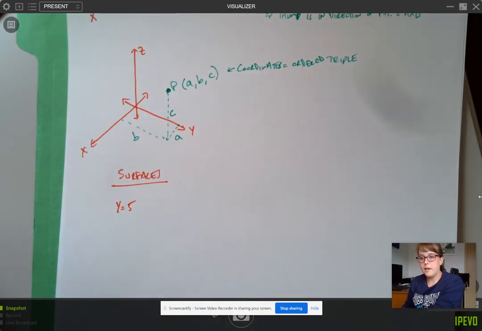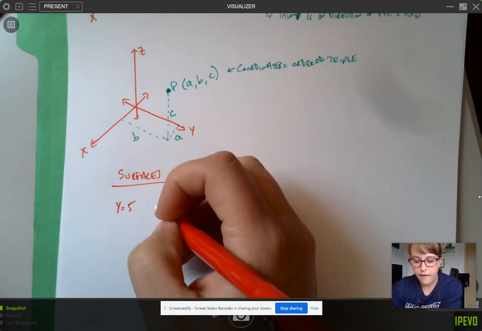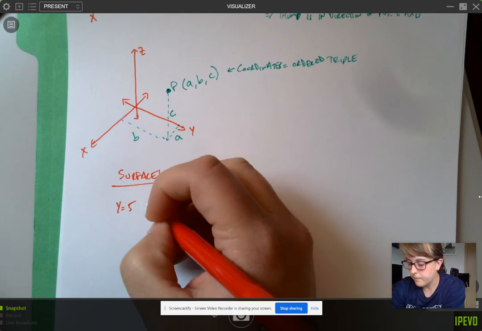That would be a line in the two-dimensional plane, right? That would be a horizontal line where the y value is always 5. But in three-dimensional space, it represents an entire plane. So this would be a flat plane at y equals 5.